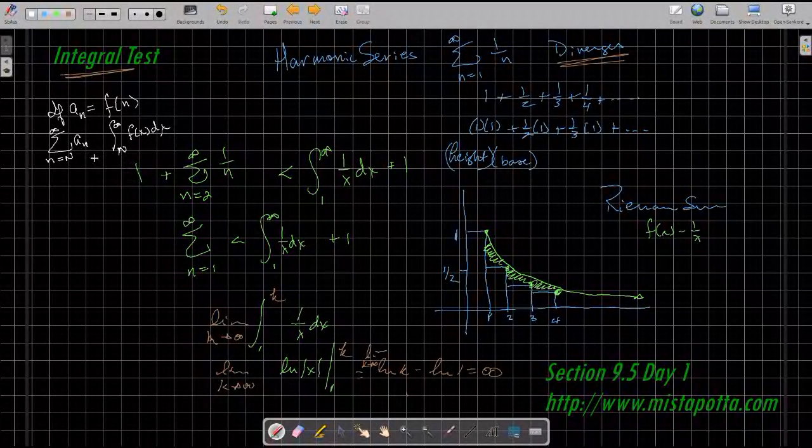And the thing is, these are either going to both converge or both diverge.